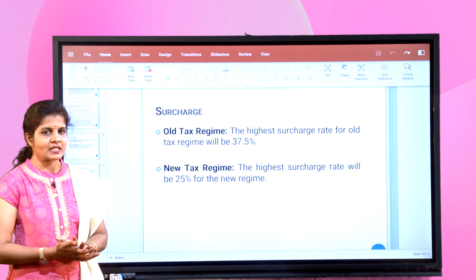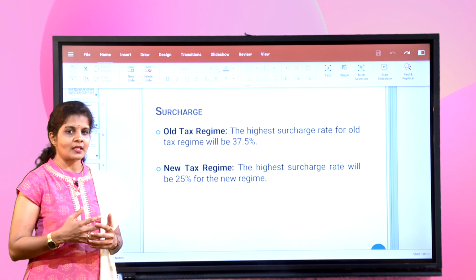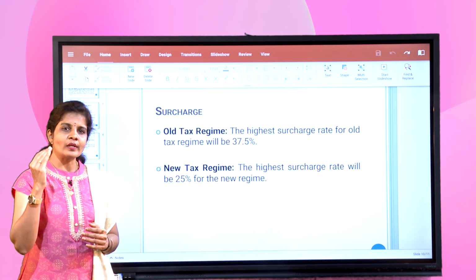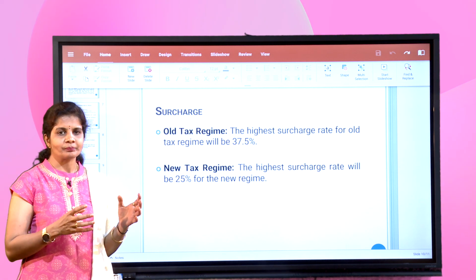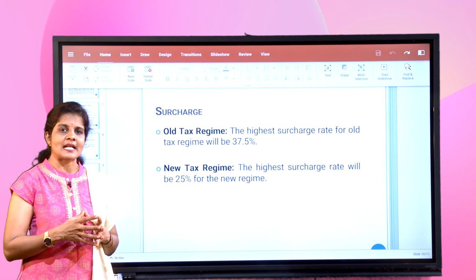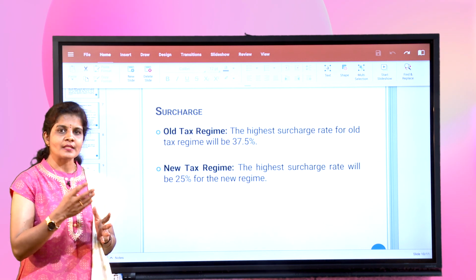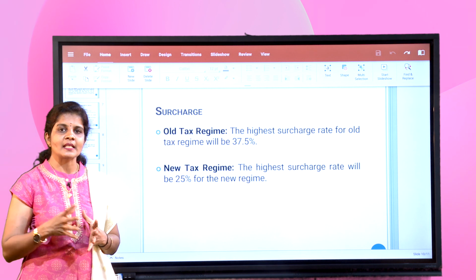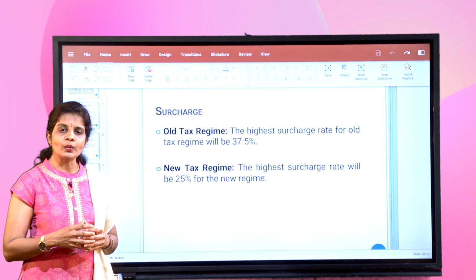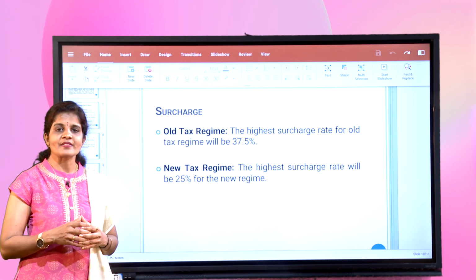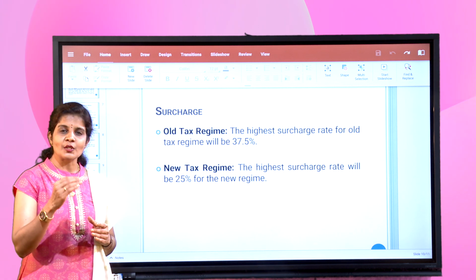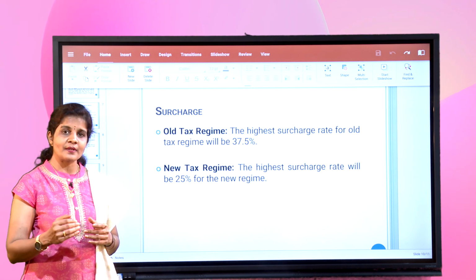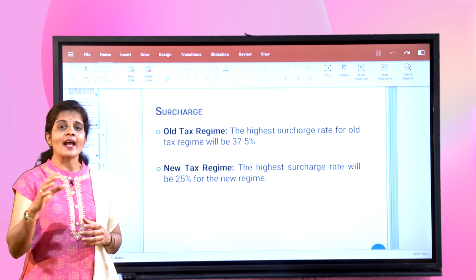So far we have discussed. I'll repeat once again, I'll just conclude. Under the old tax regime, we had different slab rates starting from 5%, 10%, 20% and 30%, whereas under new tax regime, we have slab rates of 0%, 5%, 10%, 15%, 20% and 30%.